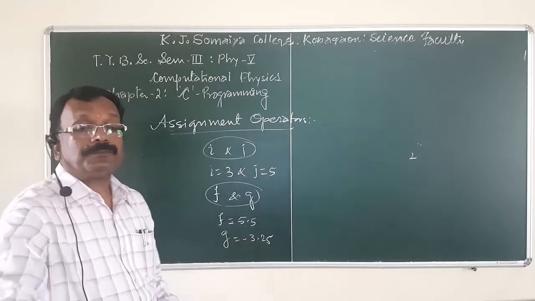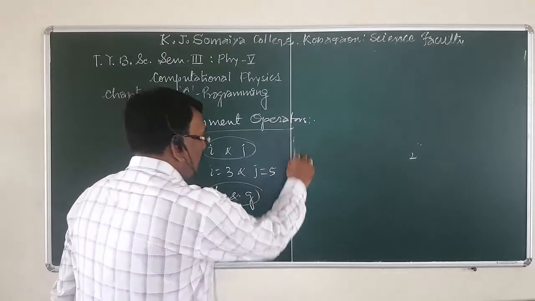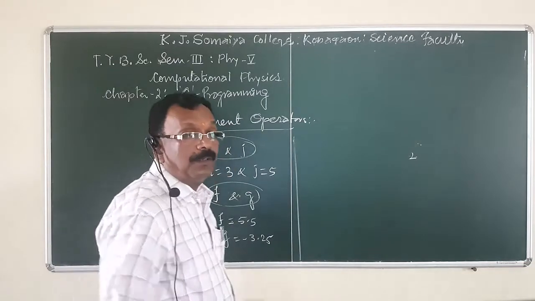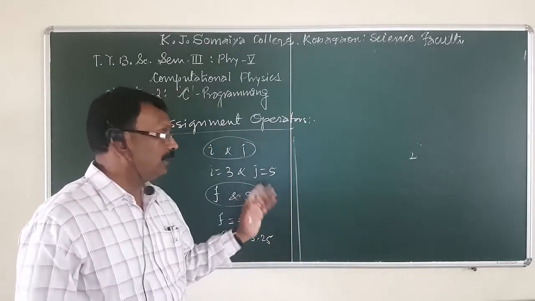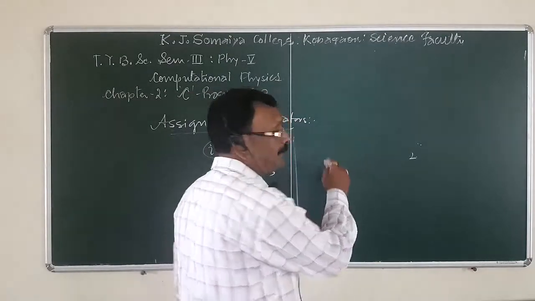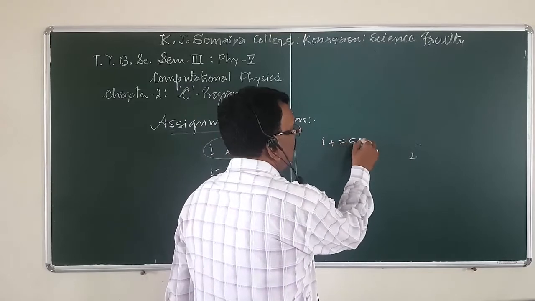Now see here how these values operate. We are going to see the values of these expressions. The first expression is i plus is equal to 5.